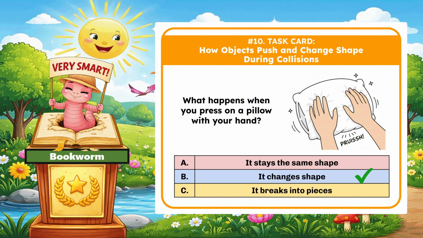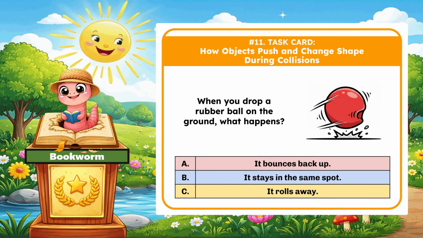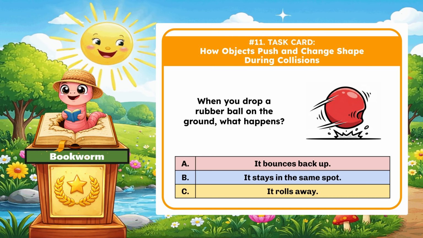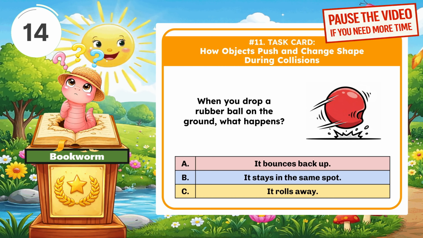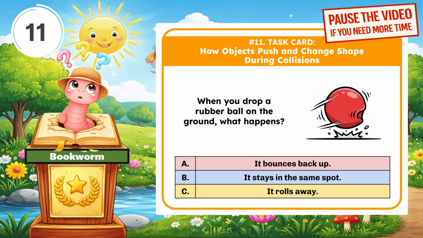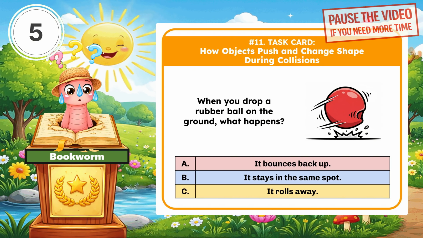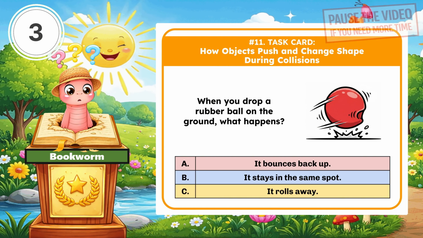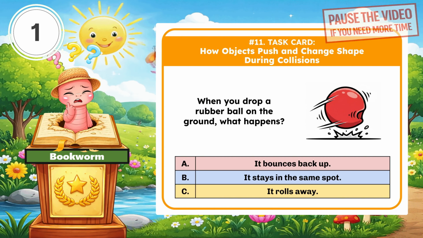It changes shape. When you drop a rubber ball on the ground, what happens? And the correct answer is letter A. It bounces back up.